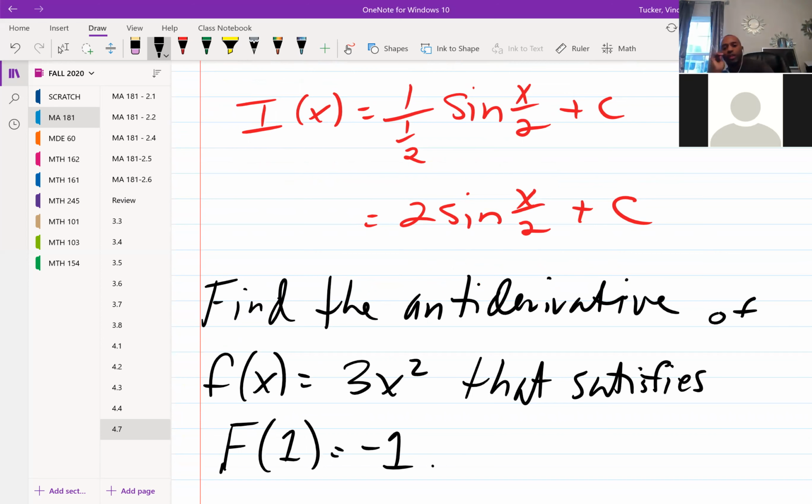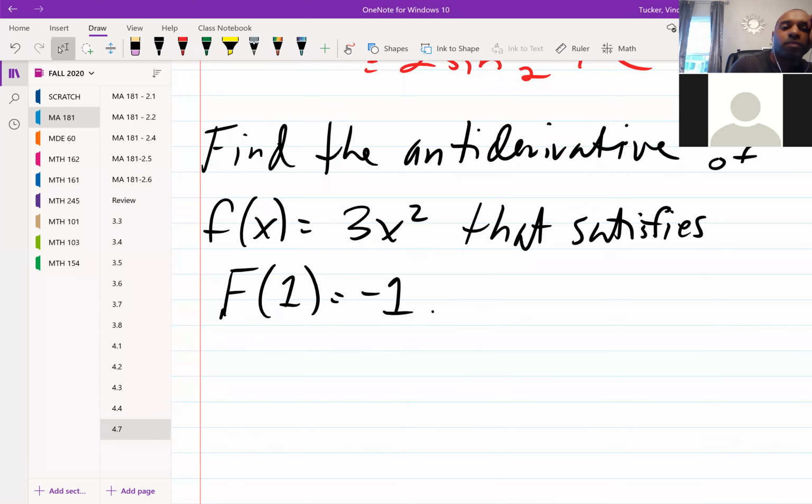Okay. So it says find the antiderivative of f of x equal to 3x squared that satisfies your original function to be f of 1 equal to -1. So when you plug 1 in, you get out -1. So the first thing we want to do is apply the antiderivative.